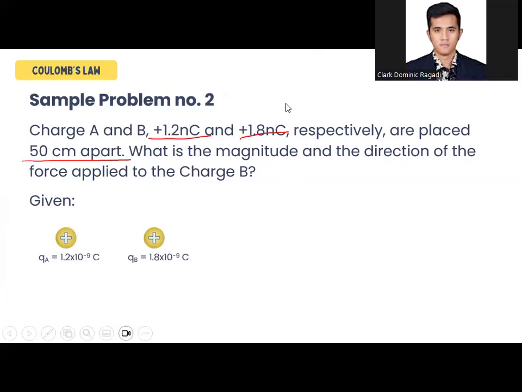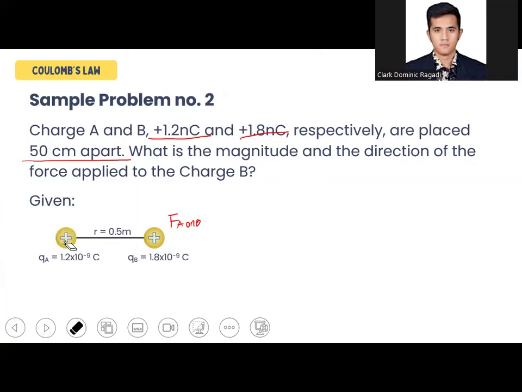To convert, 50 centimeters is equal to 0.5 meters. The question: what is the magnitude and direction of the force applied to charge B? So we're looking for FA on B, the force applied to QB due to QA.